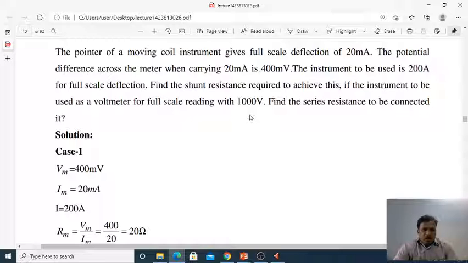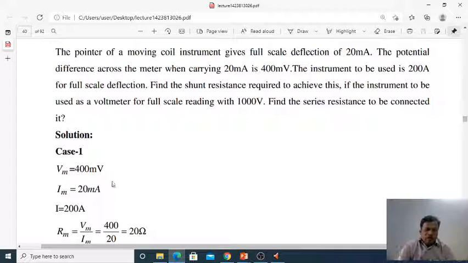So let us write the given data first. Vm, the meter voltage, is given as 400 millivolts. Im is the meter current, that is 20 milliamperes, the full scale deflection, and I is equal to 200 amperes.